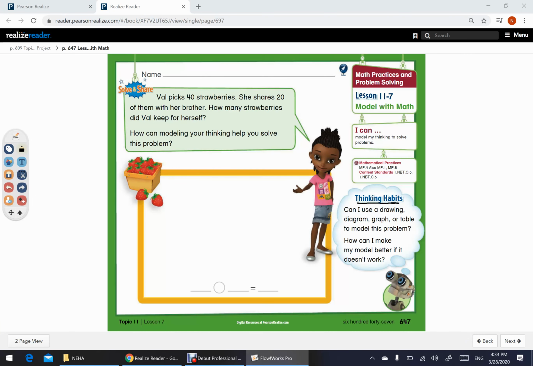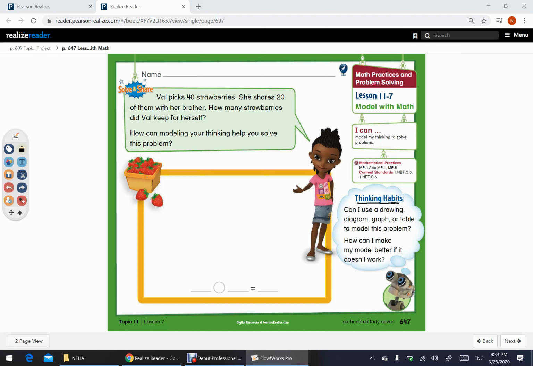When you see a thinking habit in the lesson, you will stop and focus on the problem. Like you have to think, what are they asking us to do, or how can we solve the problem? Okay, so this lesson will be all your problem solving, and you have to think what they're asking us, how we will do it, and then we have to find our answer.